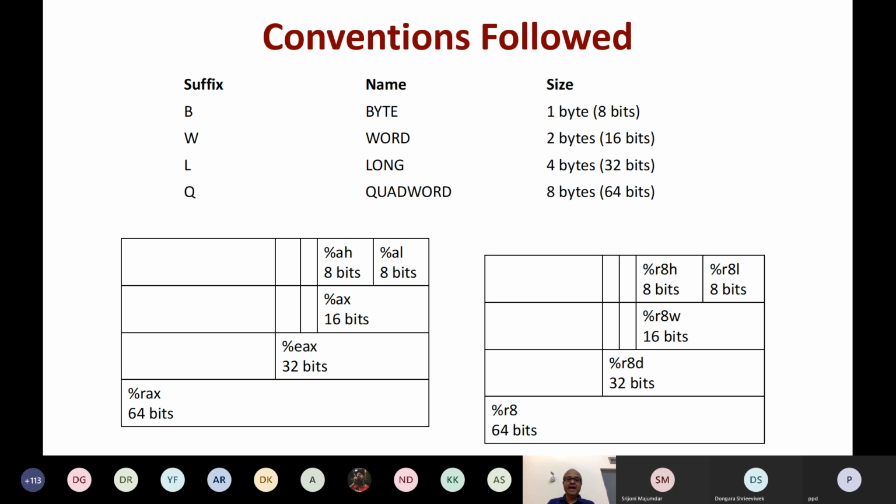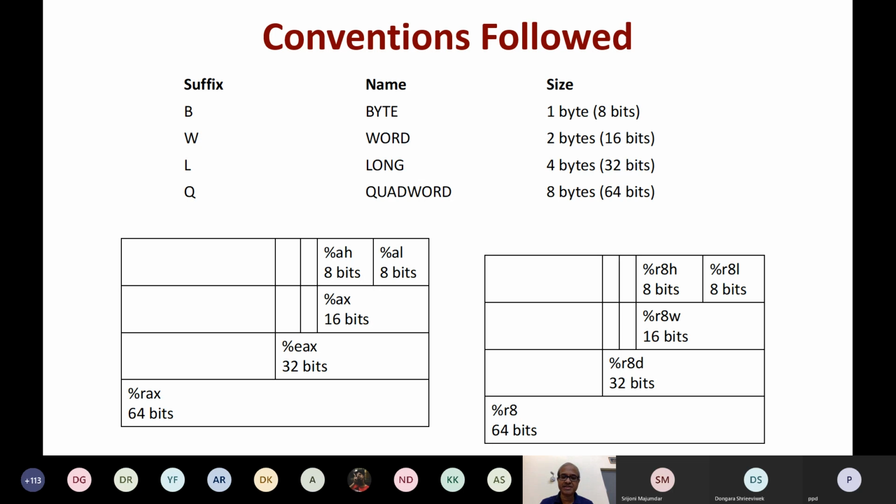Right? And regarding the registers, there are some register naming conventions as well. Like I mentioned that there are 16 64-bit registers. Let's say RAX was one of the registers. Now you see this box on the left. This RAX, if you mention %rax, it means you are referring to the contents of the register RAX.